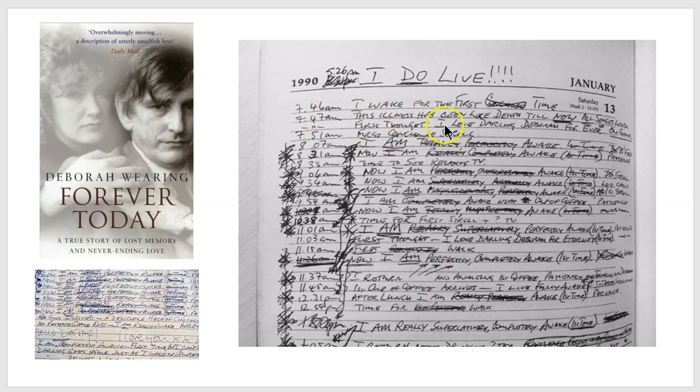"First thought, I love darling Deborah forever." And here's one: "Hello darling, I love you." So whatever thought is in his working memory system, he can sustain it for the length of time it takes to write it down in a journal. The problem is he can't retain any of this information, so he lives a disconnected, momentary existence.